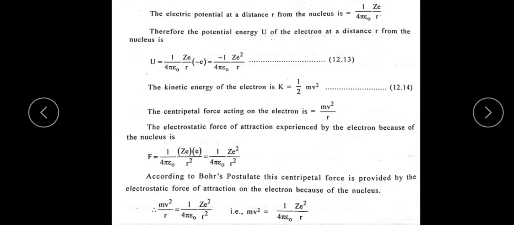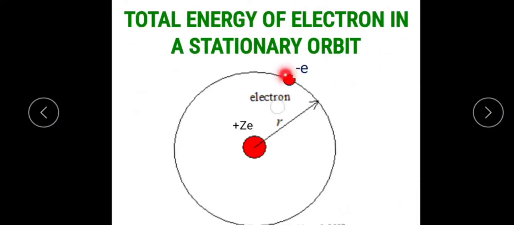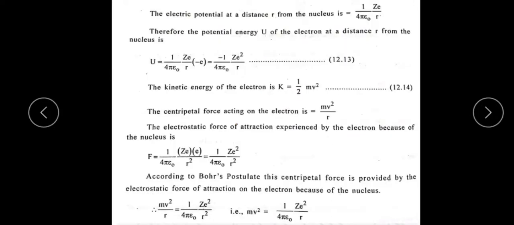Therefore, the centripetal force mv square divided by r is equal to the electrostatic force, 1 divided by 4 pi epsilon naught, Ze square divided by r square.